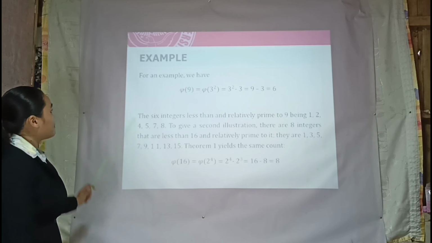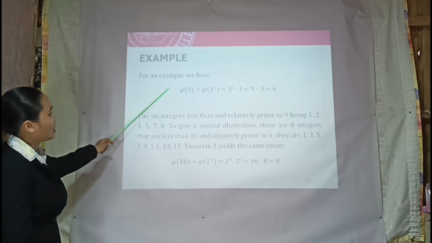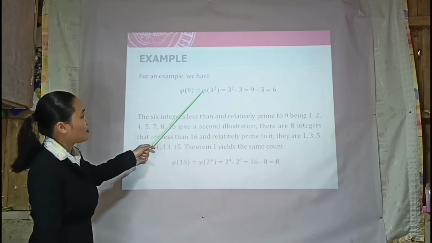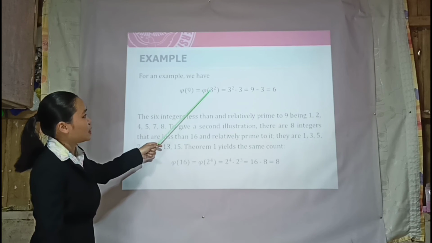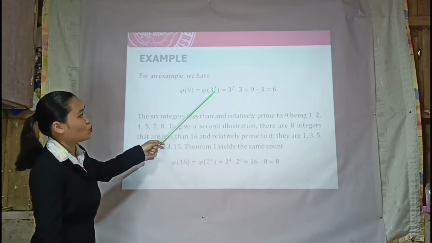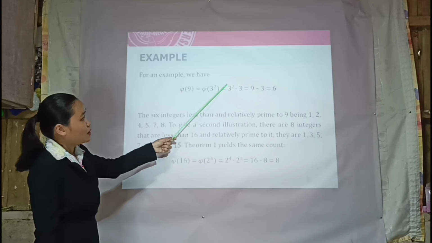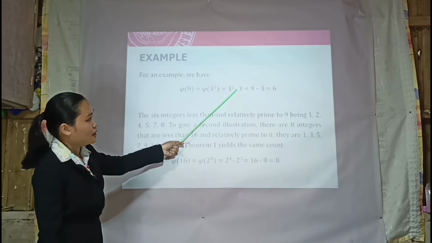So, we have an example. For example, we have phi of 9 equals phi of 3 squared equals 3 squared minus 3.